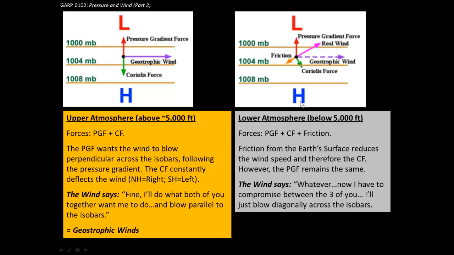So this is schematically illustrated here as a simple pressure gradient from high pressure to low pressure. Near the Earth's surface, we have the pink wind direction at an angle across the isobars. And in the upper atmosphere, we have the purple wind direction, geostrophically parallel to the isobars.